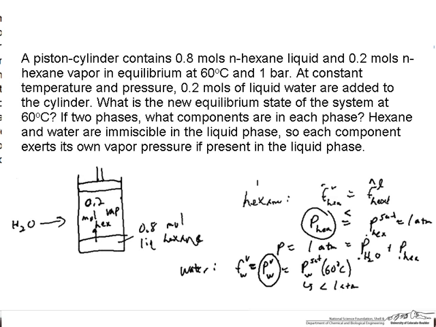Or it's possible that we'll have just a vapor phase that contains both water and hexane, depending on whether that equality, 1 atmosphere equals partial pressure of water plus partial pressure of hexane, can hold when the pressure of water is equal to the saturation pressure of water. Right, so we just don't have enough information to solve that problem.